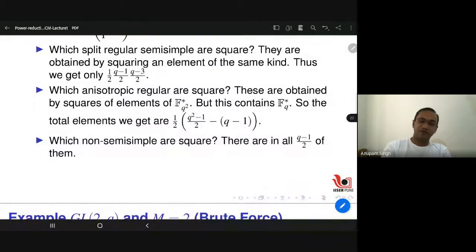A similar kind of calculation I will do for anisotropic regular semi-simple elements, and that I have to do in F_q square. So I will look at the square map at the F_q square level. This will give me (q square minus 1) by 2 of them that are squares, but F_q square star contains F_q star also, right?